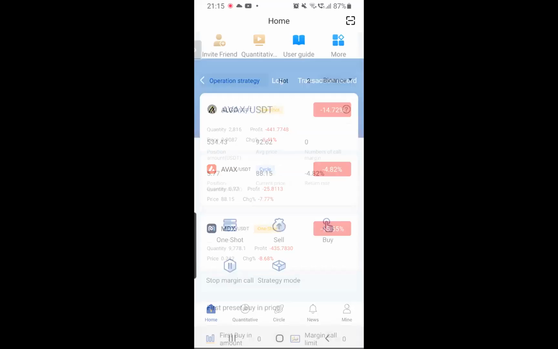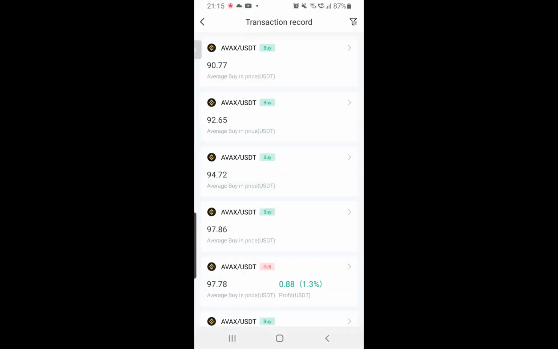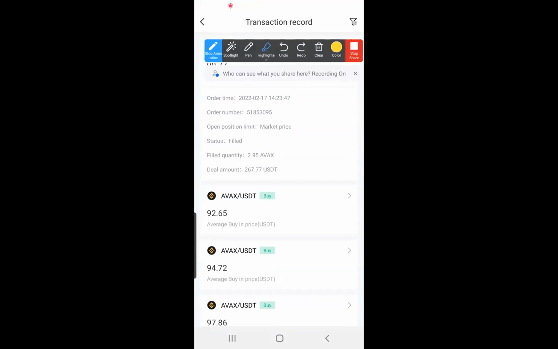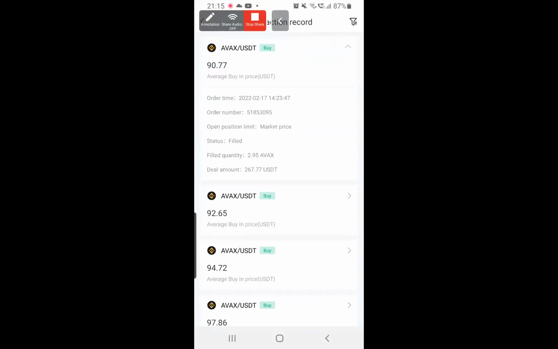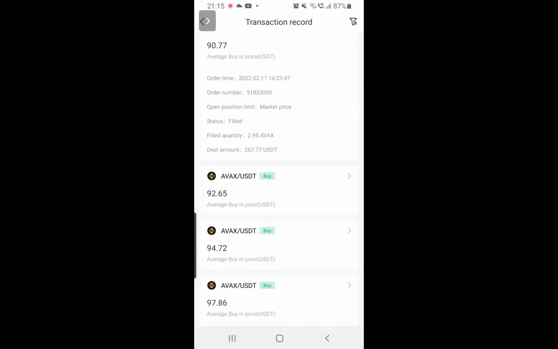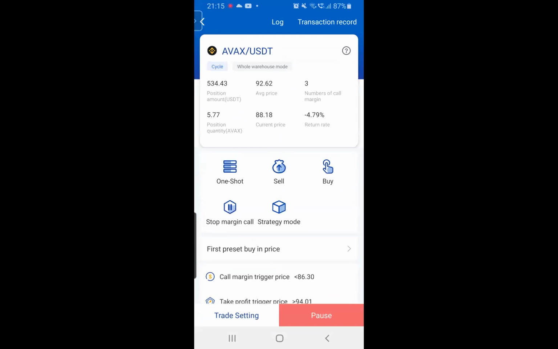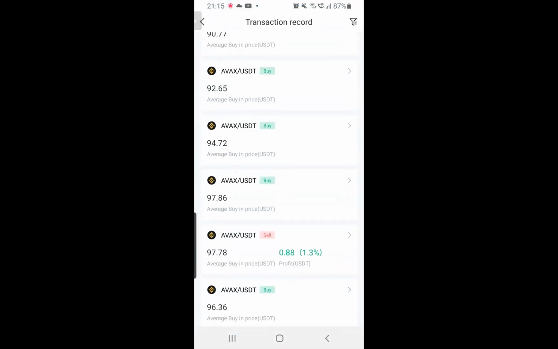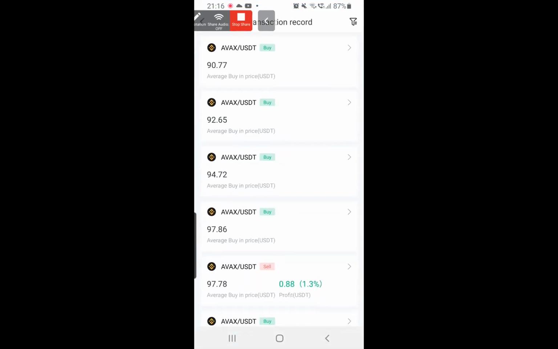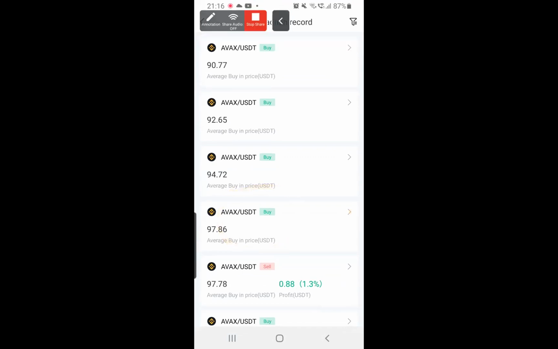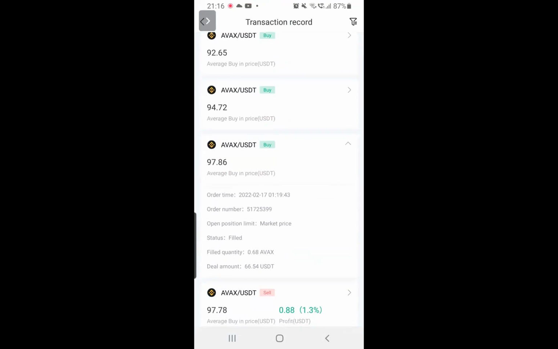So let's go to log, transaction record. Just trying this with small money. Look at this. It made its first purchase today at this price here.